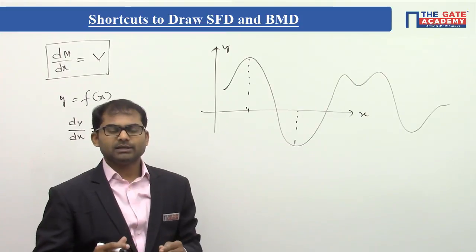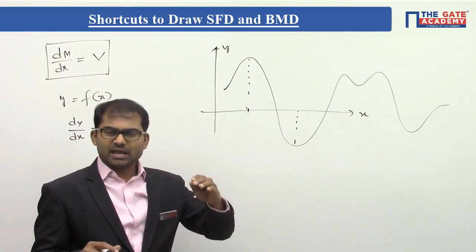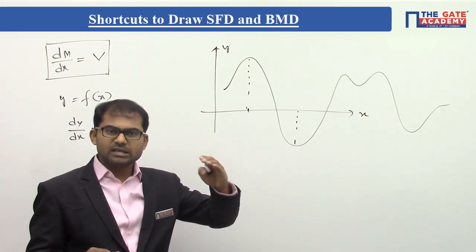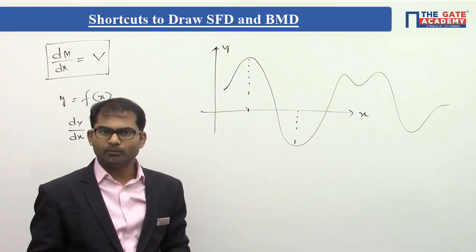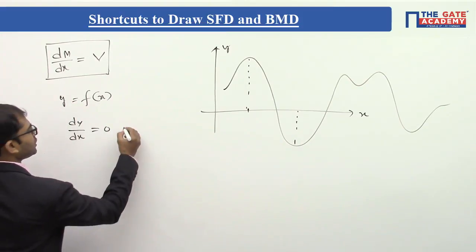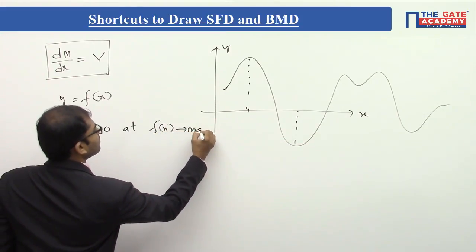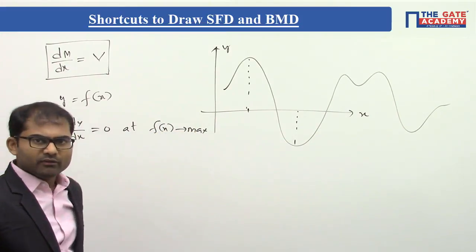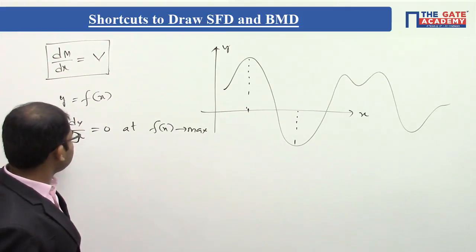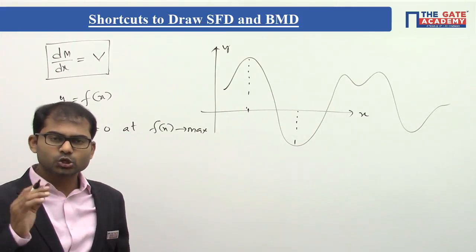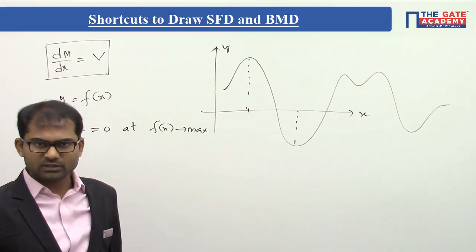So we have to remember that if a function is having a maximum value, there the slope should become 0. So dy by dx is equal to 0 when f of x reaches maximum value. When f of x reaches maximum value, dy by dx or d of f of x by dx should become equal to 0. That's very much obvious for us.